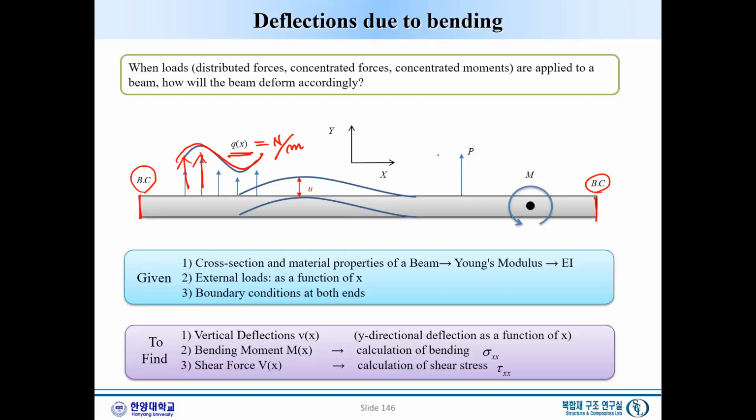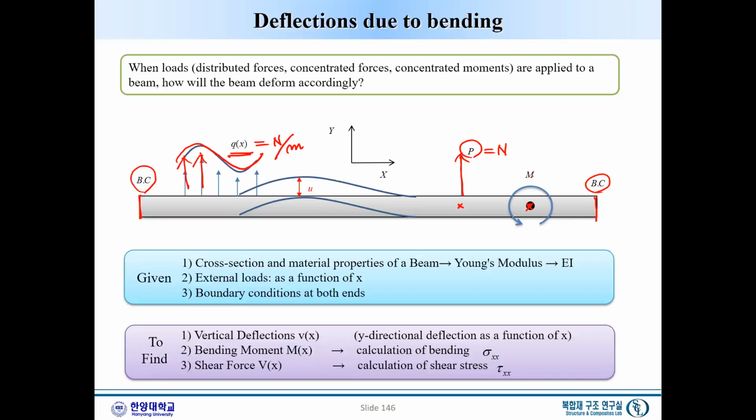Another load type is a concentrated load, P, which is applied at a certain position. So the unit will be just a Newton. And another important load, which we already considered, is a pure concentrated moment, a bending moment at a certain point.